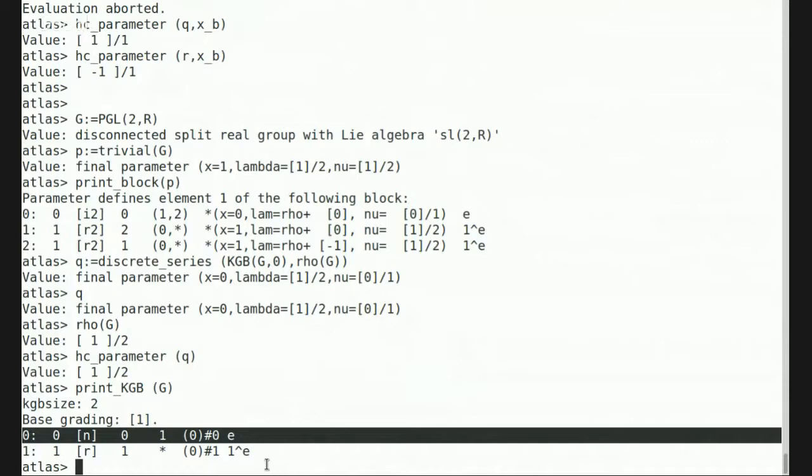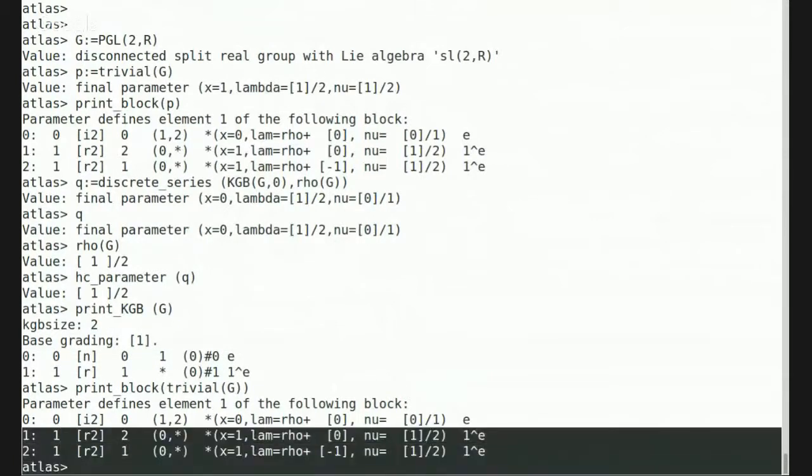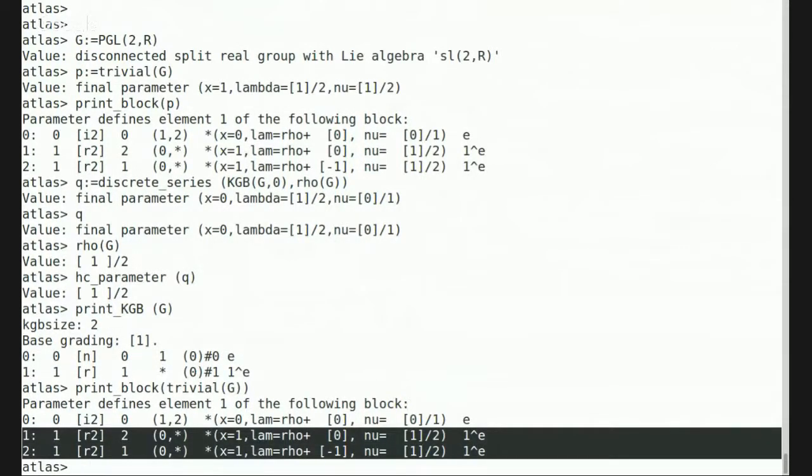On the other hand, there are two principal series in this block, these two right here. They both have infinitesimal character rho, but they differ on the disconnectedness.